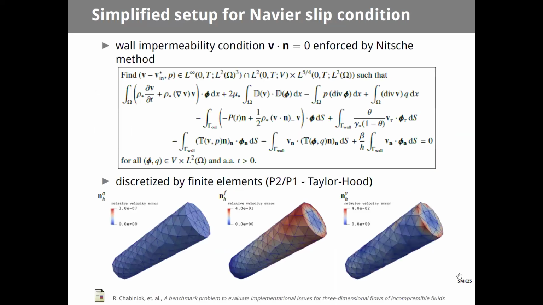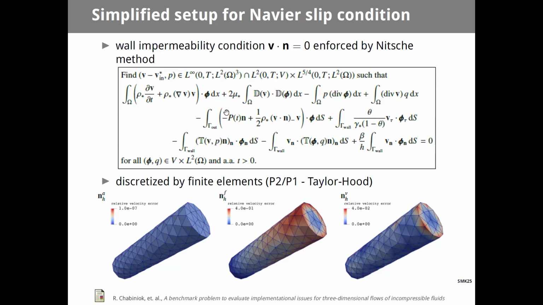And for this, we looked at the Nečas method. So somehow a method how to weakly enforce Dirichlet type boundary conditions. So here is a weak formulation for the incompressible Navier-Stokes. So these are the standard forms you can get.